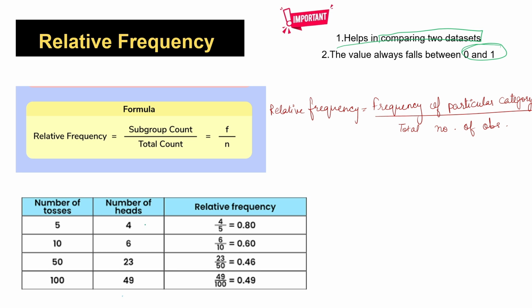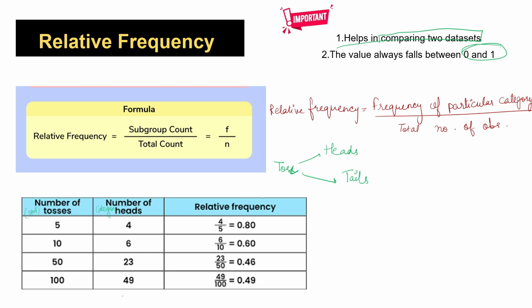Here we have an example. We have number of tosses, number of heads and relative frequency. So in a toss there are two cases, that is heads and tails. These are the two categories of toss. Now toss is the total observation, so this is the total, and this is the category. Now we have to find out the relative frequency.